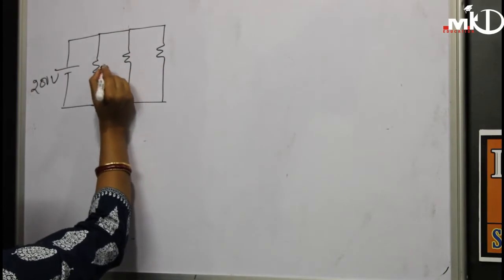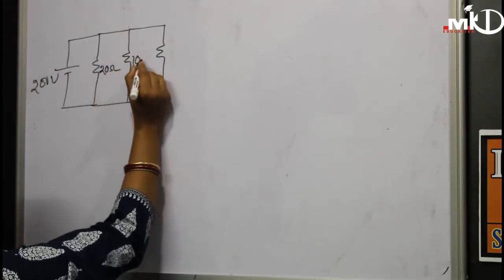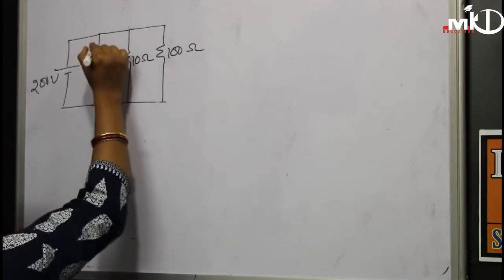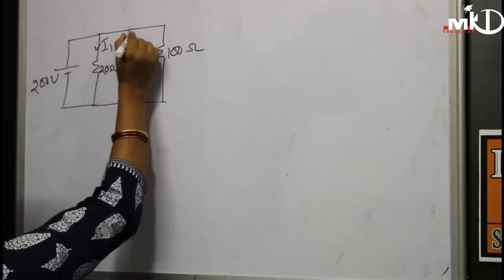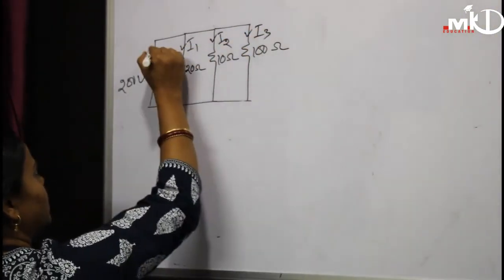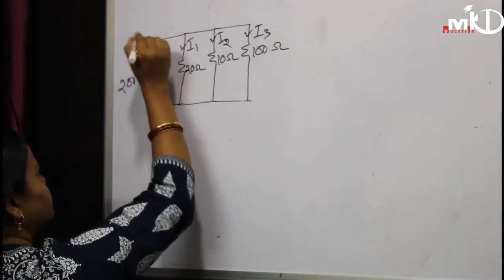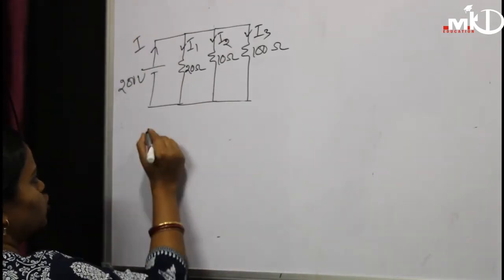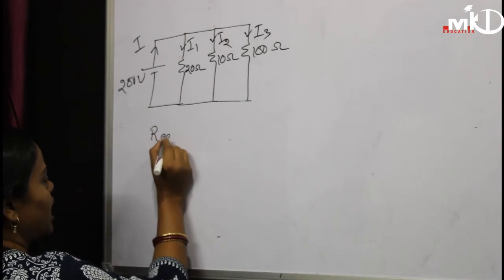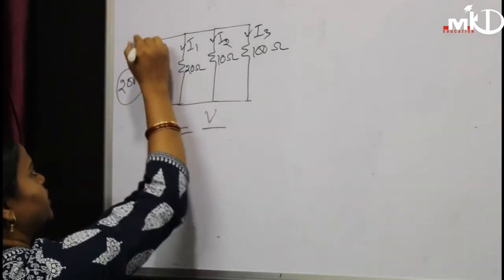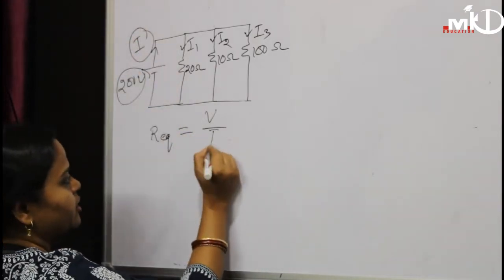This is 20, this is 10 and this is 100, and the currents are, suppose, I1, I2 and I3, and the total current through the whole circuit is I. So according to Ohm's law, total R equivalent must be this voltage by this current, V by I.